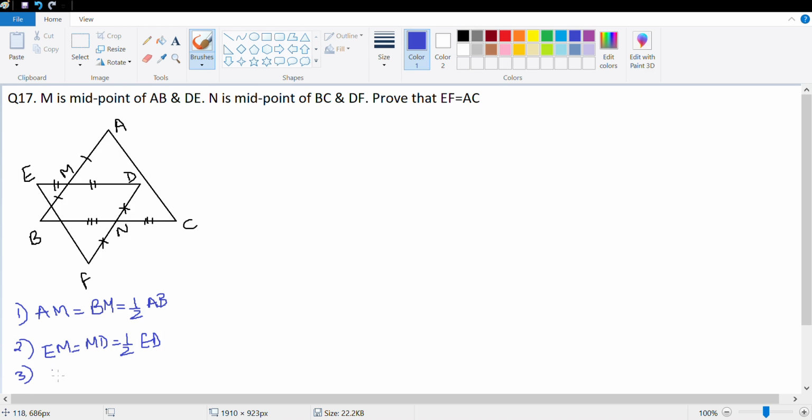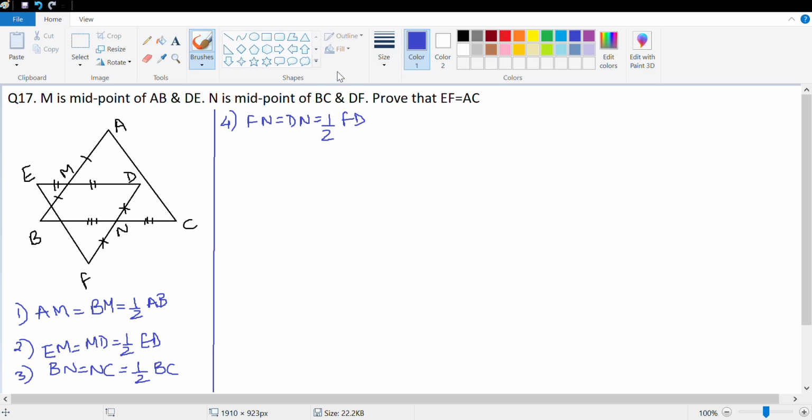Number 3 is BN is equal to NC, which is half of BC. All this is given to us. And number 4, since N is also the midpoint of FD, it would be FN is equal to DN is equal to half of FD. These are the 4 points which are given.